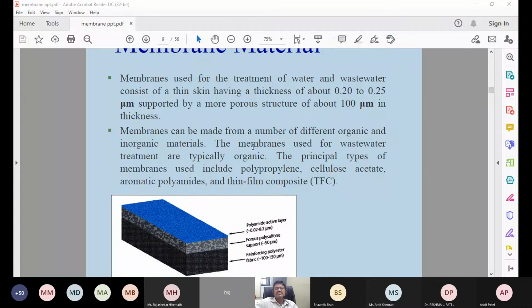These are organic. Inorganic membranes, like ceramic or glass, can also be used, but they are generally not used in wastewater treatment. In wastewater treatment, generally organic types of membranes are used.